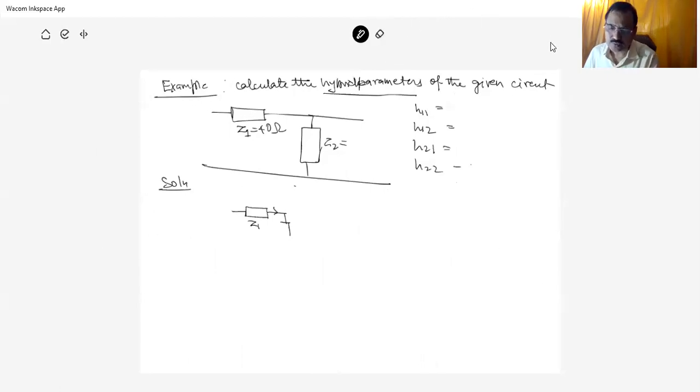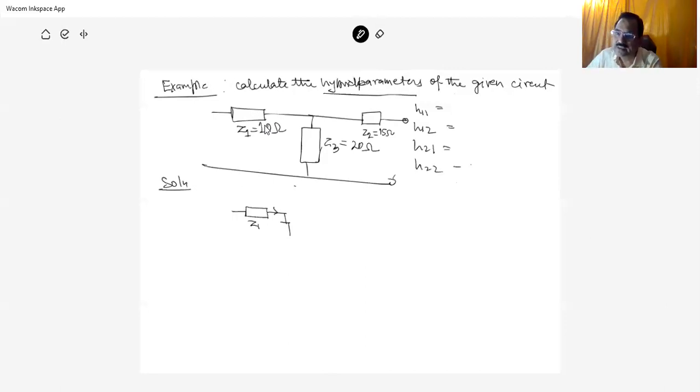For example 2, we consider another impedance in this way. This one is considered as Z3, this is Z2. Z2 is equal to 15 ohm, this is the 15 ohm resistance. And this Z1 is 20 ohm resistance. And this is 10 ohm resistance.